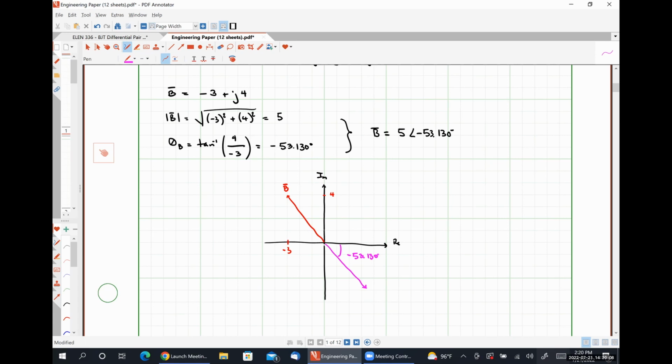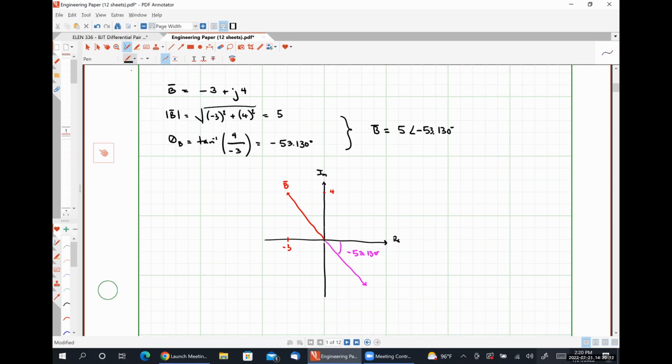So the problem here is that our calculator can't tell the difference between, actually, let me do it this way.